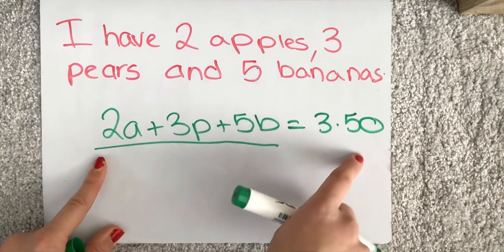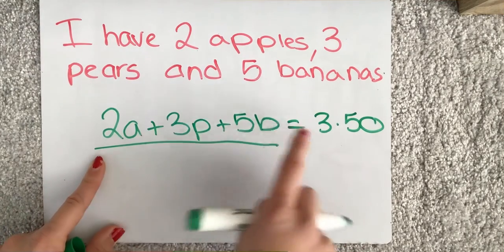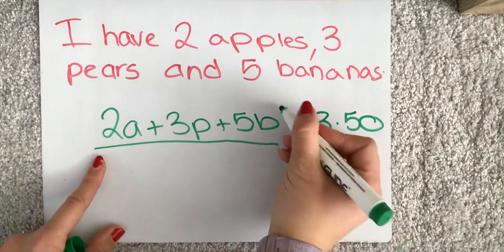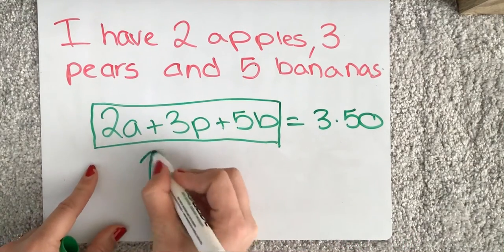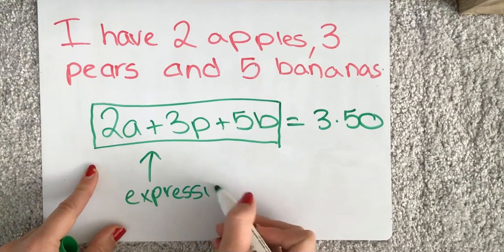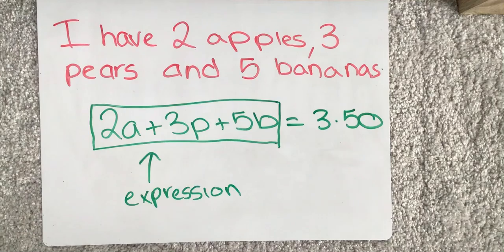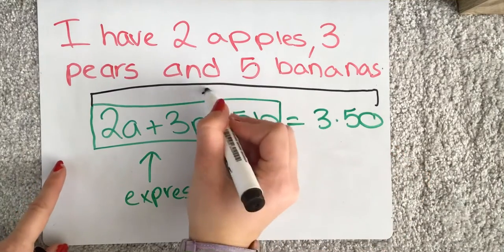We don't actually really need to worry about that too often at the minute, but it's just worth knowing the difference. So when it's just this bit on its own, it is our expression. As soon as we include all of this, it's now an equation.